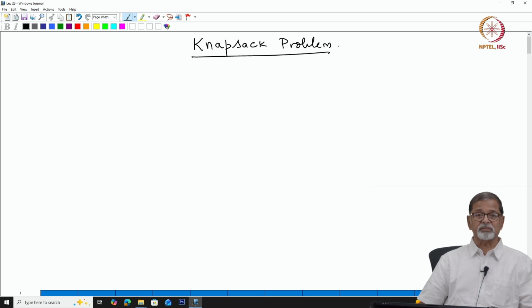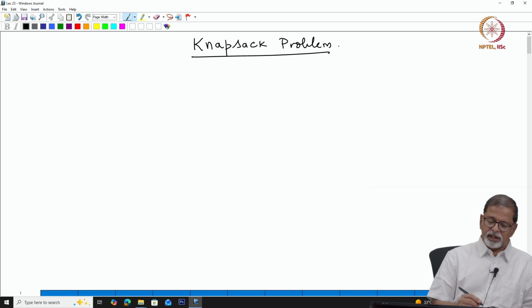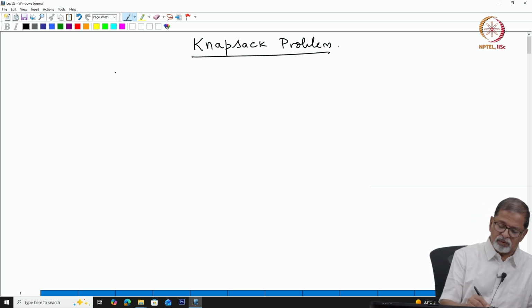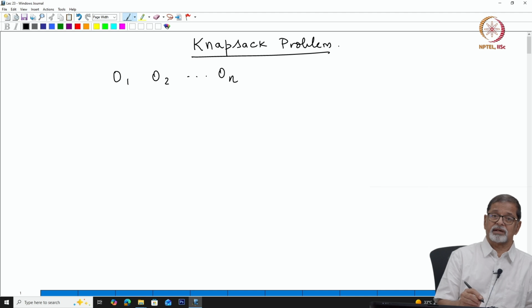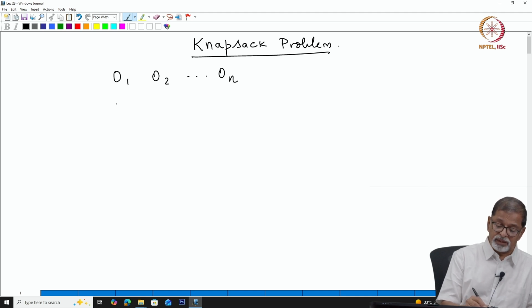Namaskara. We will continue our discussions on the knapsack problem and a correct greedy solution for the knapsack problem. In the knapsack problem, we are given n objects O1, O2, etc. On, and each object has got a unit amount of that object weighing W1, W2 and Wn.